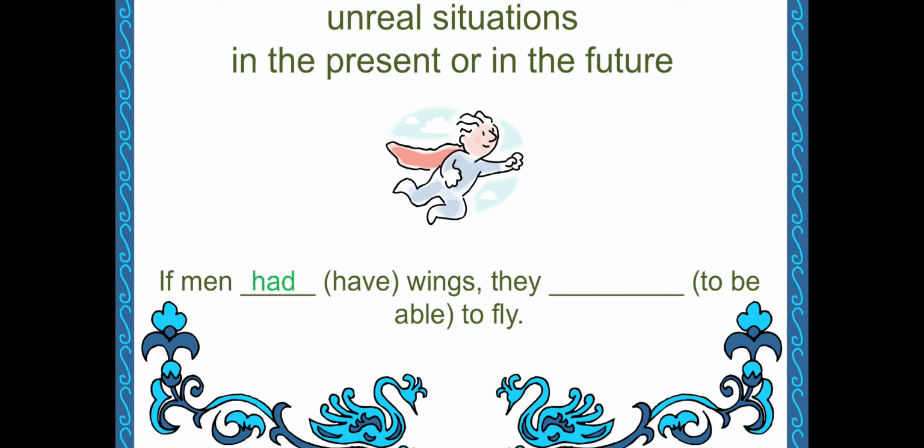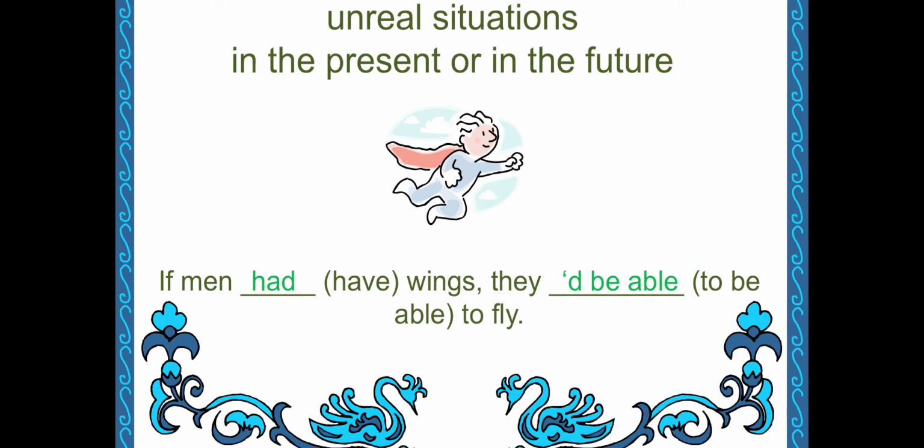So if men had wings, they would to be able to fly. ¿O cómo? No, este es el to be. No le pones el to, porque es el verbo to be. Te estoy mostrando eso. So they would be able to fly. So they'd be able to fly. If men had wings, they'd be able to fly, or they would be able to fly. It's up to you. ¿Ok, José?